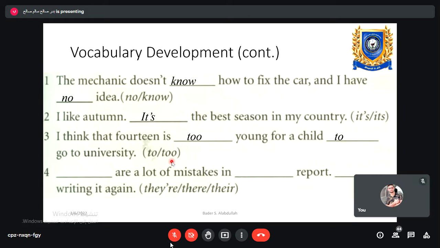Blank are a lot of mistakes in blank report. Blank writing it again. Which one is the first blank? The second, there. The second blank? The third.